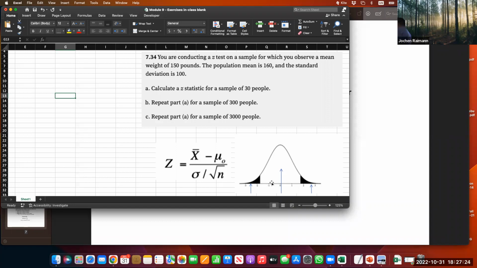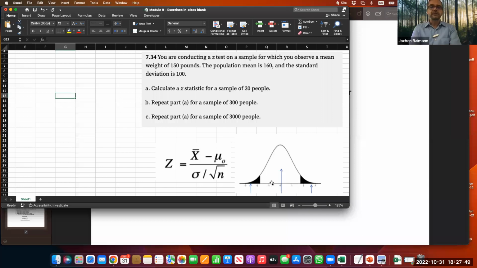If this standardization is exceeding 1.96 or minus 1.96, anywhere beyond these two critical values, then you have a p-value less than 5%, which is your quote-unquote alpha, your acceptable type 1 error, and you will reject. If not, then you will accept the null hypothesis.